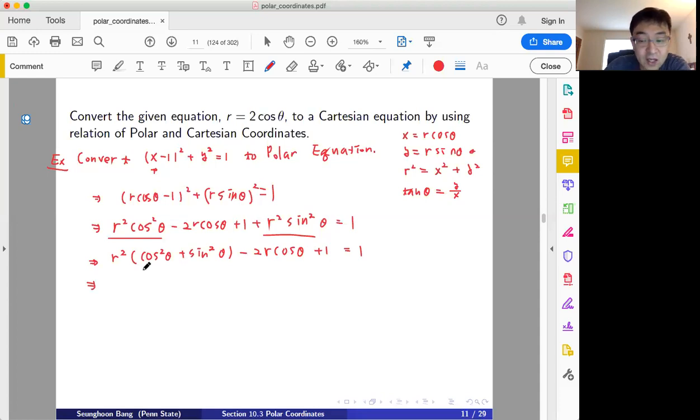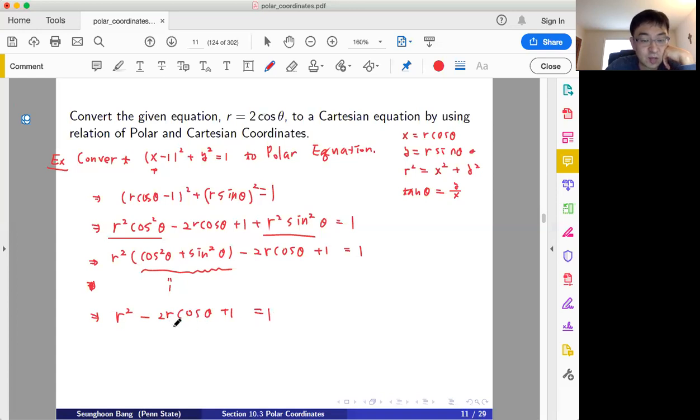So what is cosine square plus sine square? Yes, this is just 1. So we have R square minus 2R cosine theta plus 1 equals 1.